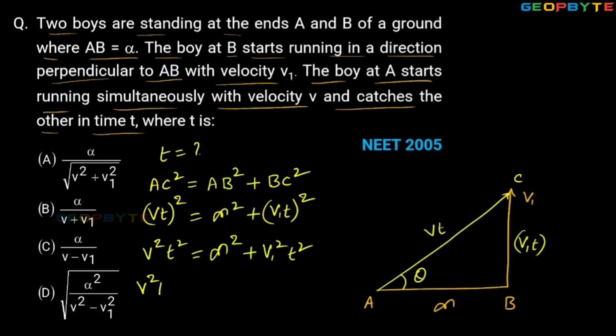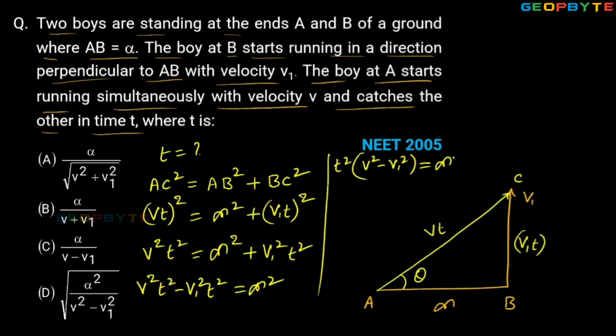This can also be written as V square t square minus V1 square t square equals alpha square. Taking t square outside, (V square minus V1 square) t square equals alpha square. Therefore, t square equals alpha square by (V square minus V1 square). Therefore, t equals alpha divided by root over (V square minus V1 square).